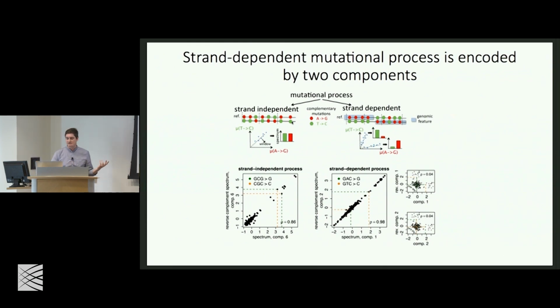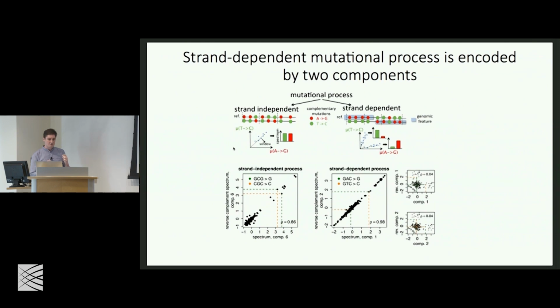On the other hand, if a process is strand independent, it doesn't know anything about complementary mutation, and we expect more or less similar numbers of complementary mutations in each window. Then if we look at rates of complementary mutations in each window, we expect that they lie along the diagonal, and the overall number of mutations just reflects the overall intensity of this process in a given window.